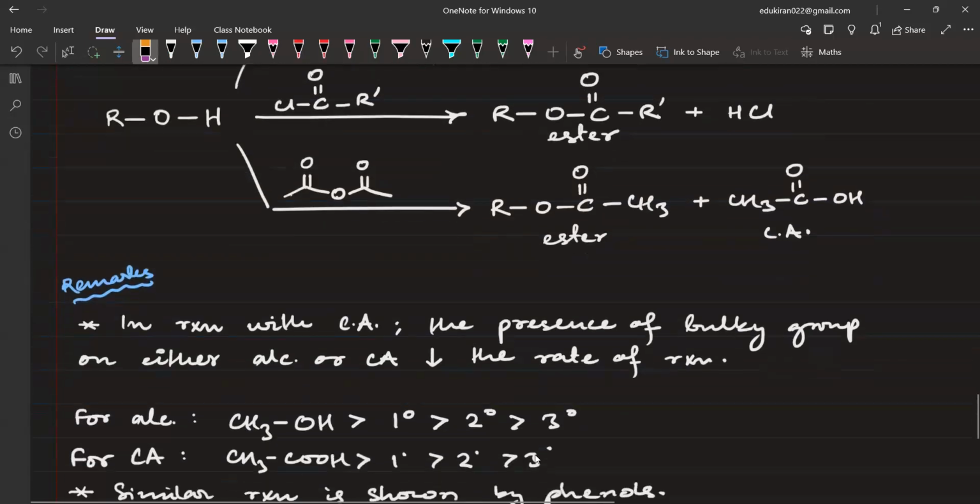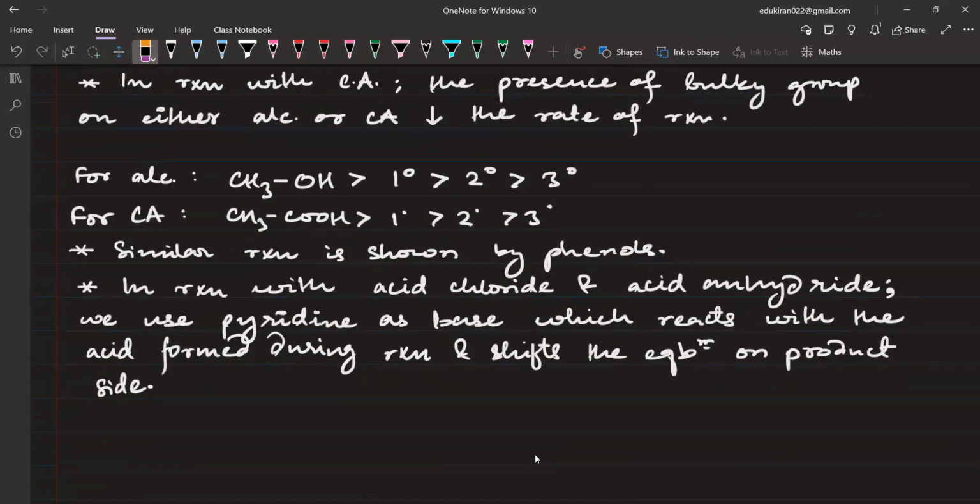So why do we use pyridine? If it is asked, then you will write this, that we use pyridine as base which reacts with the acid formed during the reaction and shift the equilibrium on product side. जो कुछ भी सवाल आया ना, pyridine के बारे में सवाल आएगा ऑर्गेनिक केमिस्ट्री में, pyridine का बस यही जवाब है. आप इस लाइन को लिखेंगे, इट इज यूज्ड एज अ बेस व्हिच रिएक्ट्स विद एसिड फॉर्म ड्यूरिंग द रिएक्शन एंड शिफ्ट्स द इक्विलिब्रियम ऑन द प्रोडक्ट साइड. ठीक है.